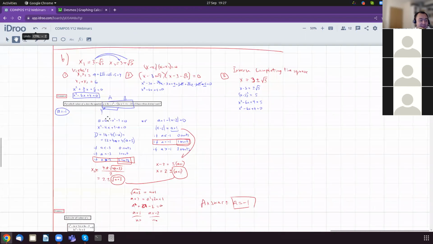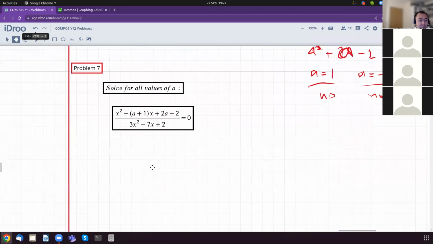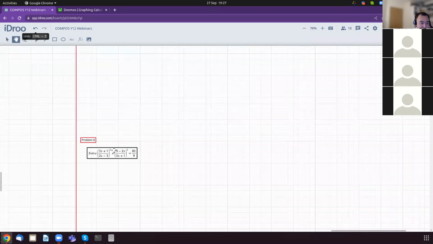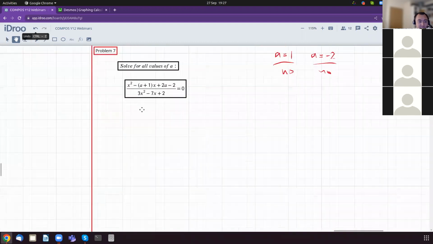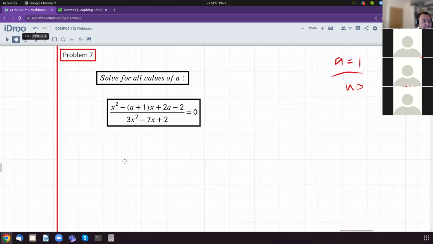And just two more. Solve for all values of a. Now, despite it looking difficult, it's actually very easy. So here, first of all, there's a fraction, and a fraction is equal to 0 when the numerator is 0 and when the denominator is not 0.